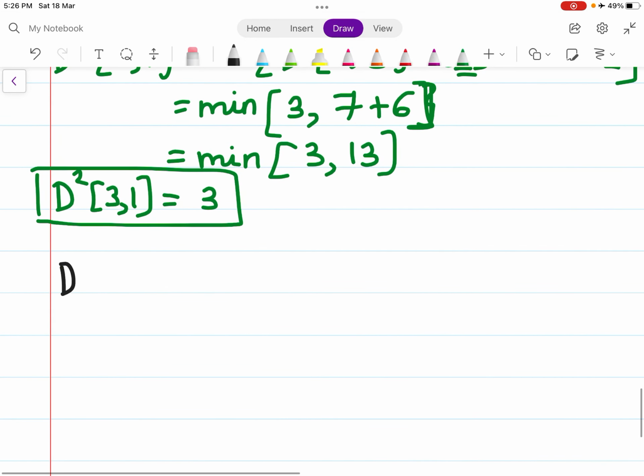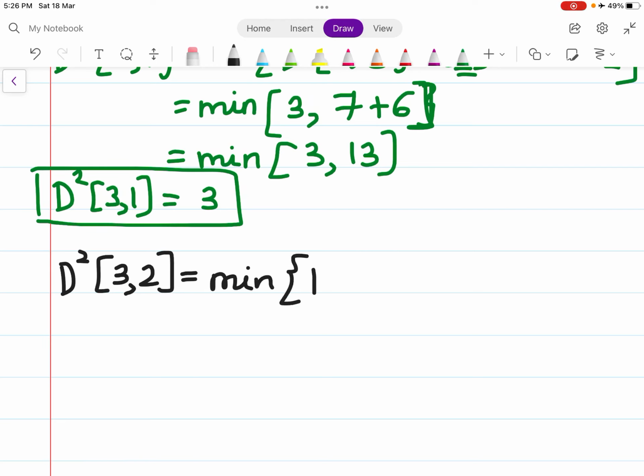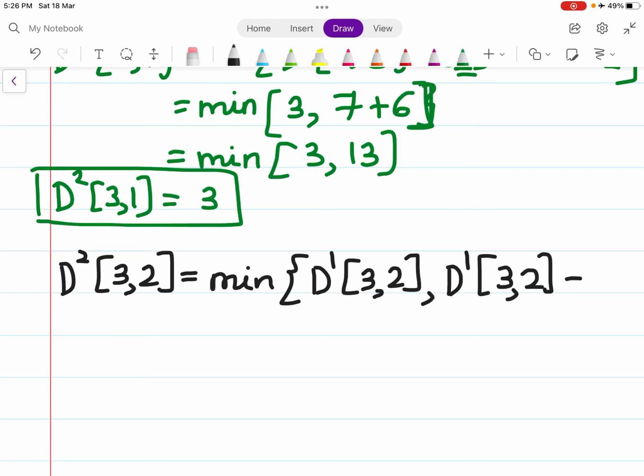Next is D2 of 3 comma 2, which is minimum of D1 of 3 comma 2, comma D1 of 3 comma 2 plus D1 of 2 comma 2. So between 3 and 2 you have 2.